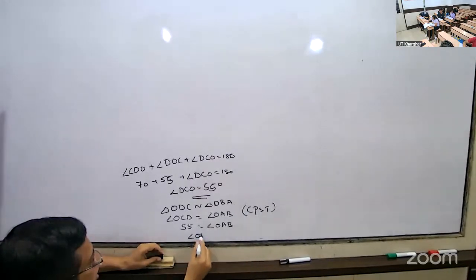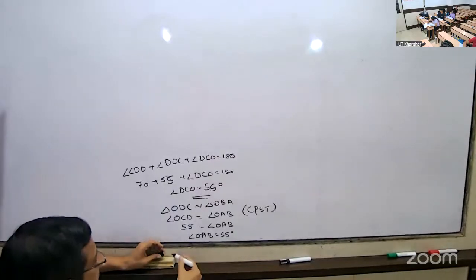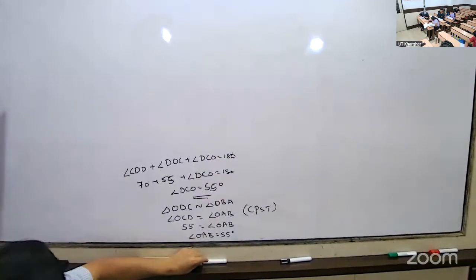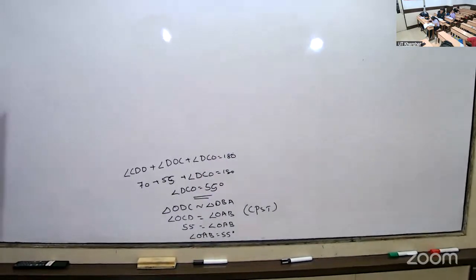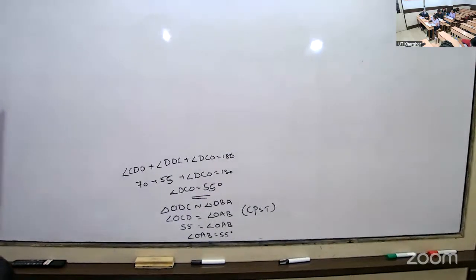Therefore, angle OAB is 55 degrees. Have you followed? Okay, don't simply conclude alternate angles. You can prove parallel lines and all if you want.